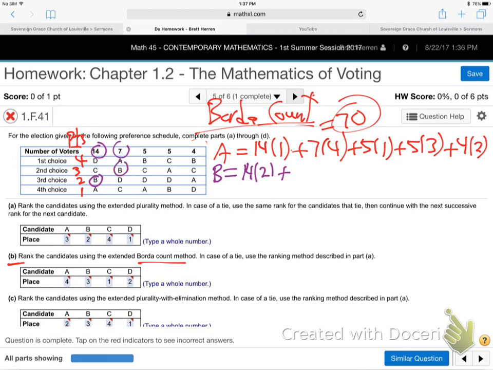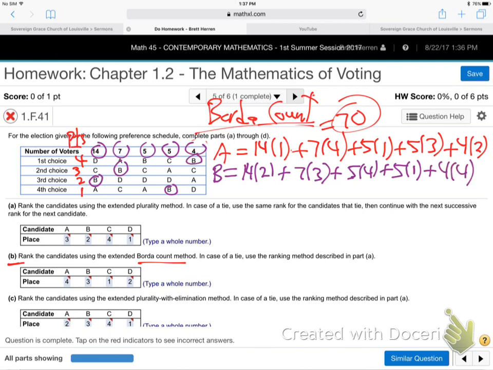And 7 people gave B 3 points each. And 5 people gave B 4 points each. And 5 people gave B 1 point each. And 4 people gave B 4 points each.